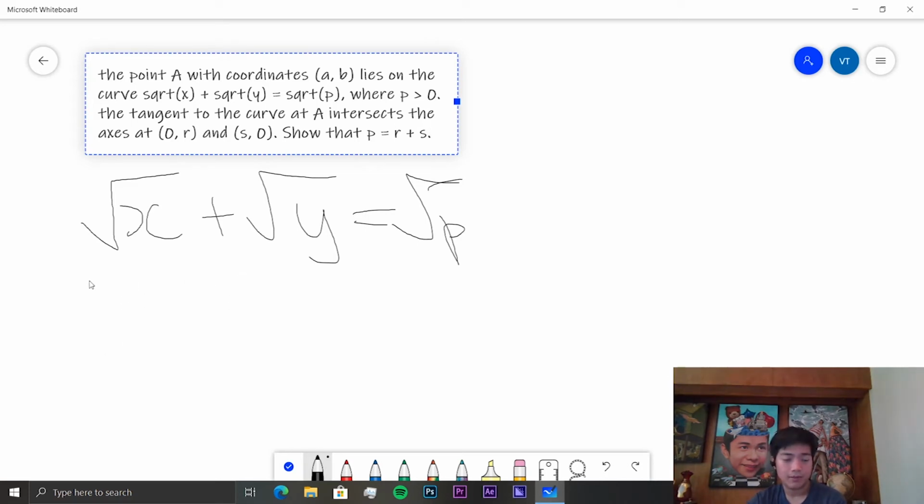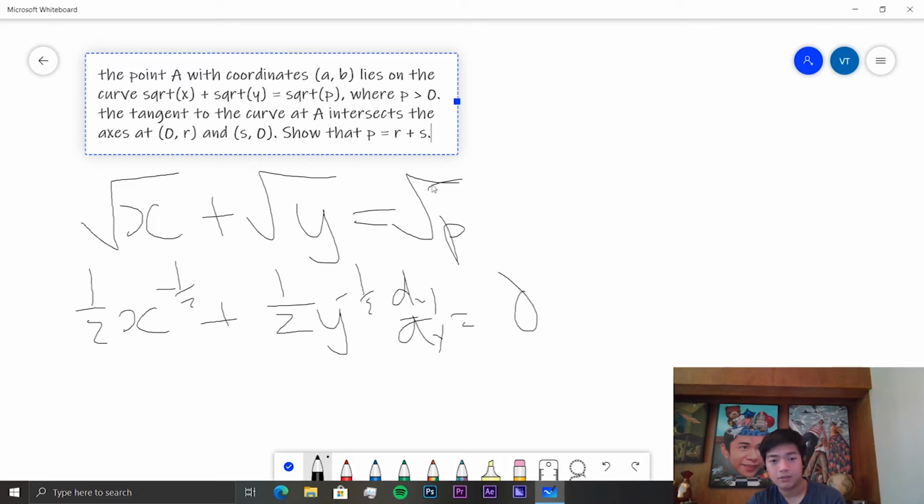So we have 1/2 x to the negative 1/2, and then square root p is a constant. So plus 1/2 y to the negative 1/2 dy over dx is equal to 0, because remember p is a constant.